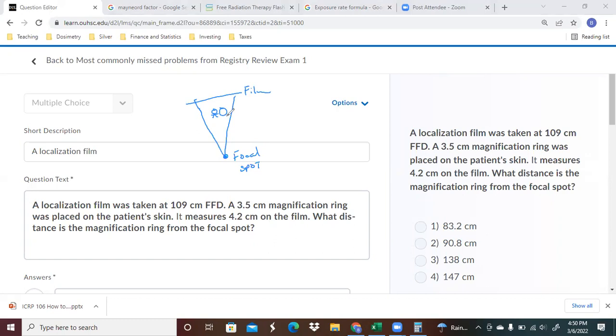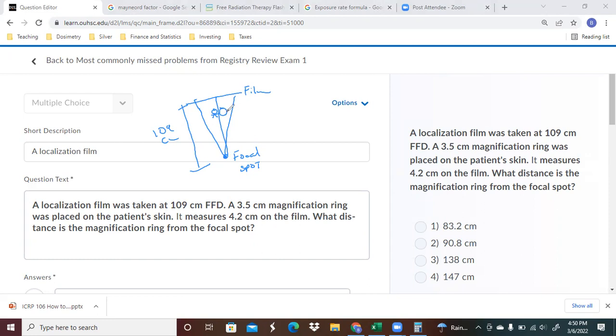Once we know that, and we know how big it appears on the film, then we can gauge how far it is away if we know the distance from here to here. So we know the distance from here to here, and that's going to be 109 cm. We don't know what the distance is from here to here. That's what we're trying to find out.